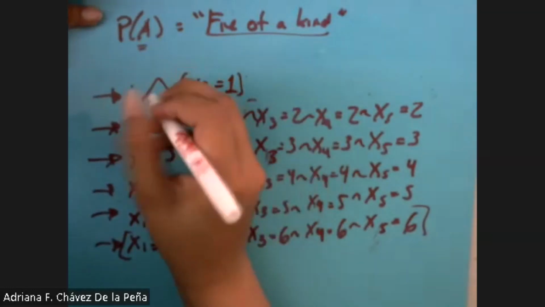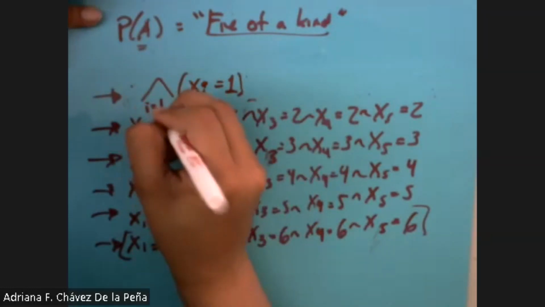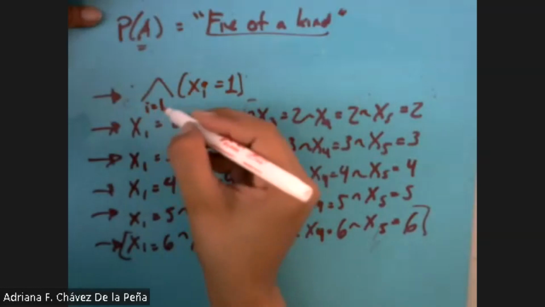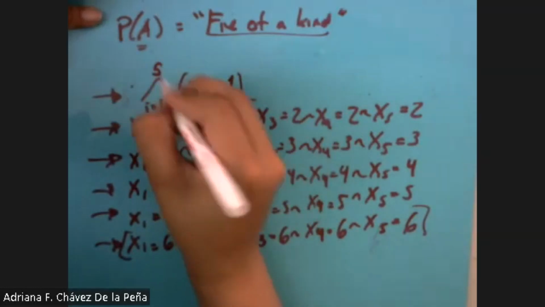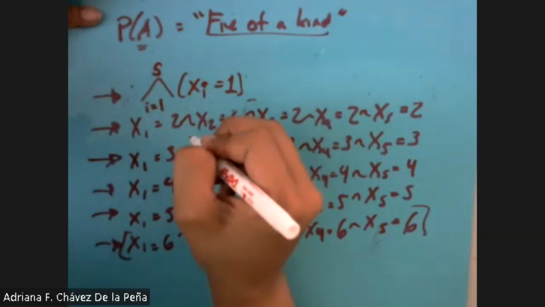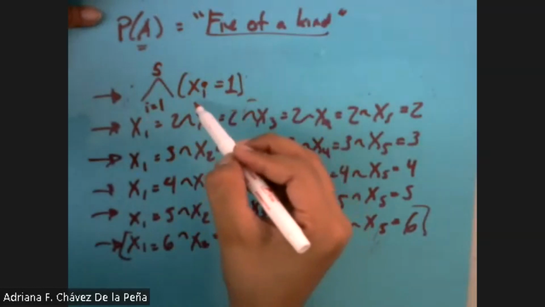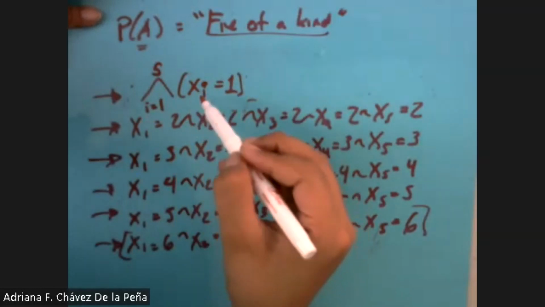I'm going to have on the lower part the initial value. So it starts at i equals 1, and it goes up until the upper boundary of 5. What this is indicating is exactly what we had in the notation below.